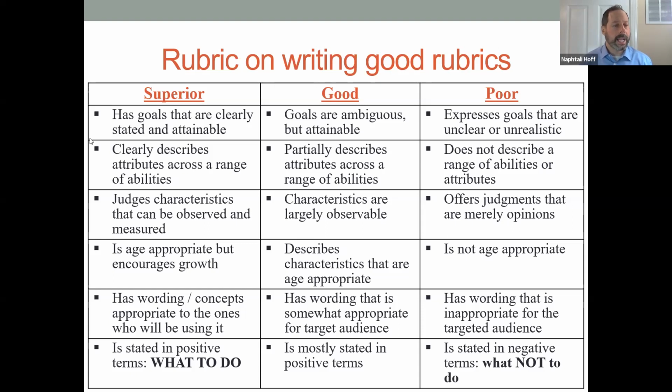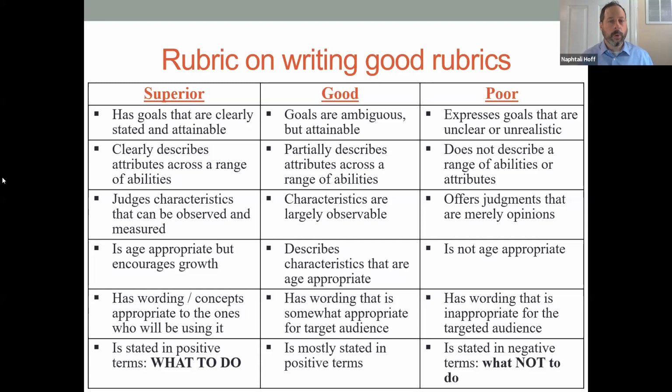The wording or the concepts are relevant or appropriate to the ones who are going to be using it. So if we're talking about young children, the wording is appropriate for them. If we're talking about high school students, they should be able to understand it, but it should be language also that will expand their vocabulary and their understanding. And it's stated as positive, not things to avoid, but things to do, okay?